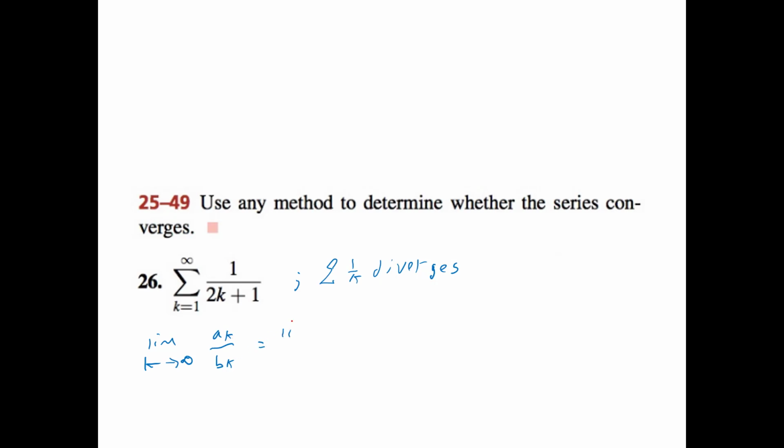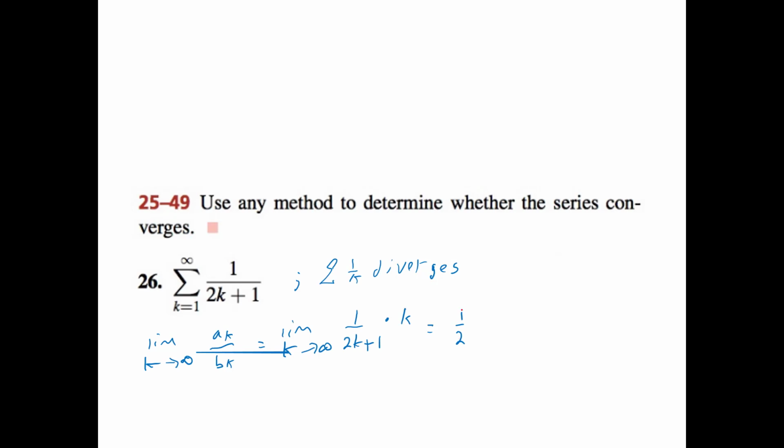So then this becomes the limit as k goes off to infinity of, and again, we just take the 1 over 2k plus 1 and we multiply by the reciprocal, which is k. And this limit will be 1/2, right? Because you'll have degree 1 over a degree 1, so you get the leading coefficient of the top over the leading coefficient of the bottom.